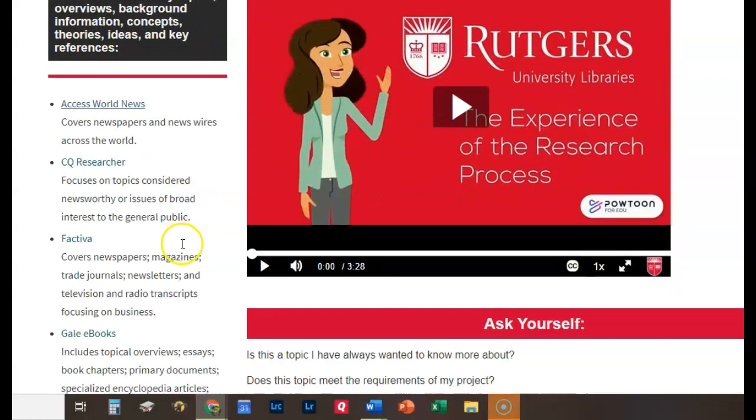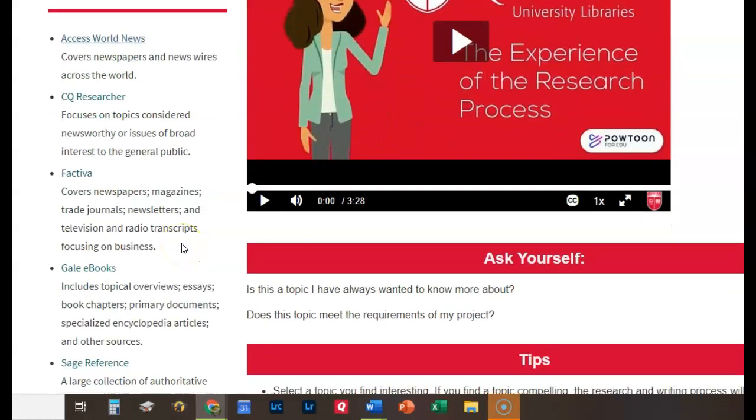There are a few other general information resources that the library is providing here for you. CQ Researcher is a good one to take a look at. So CQ Researcher is a journalism firm in Washington, D.C. that tries to provide information to lobbyists, members of Congress, and the like on pertinent issues related to public policy.